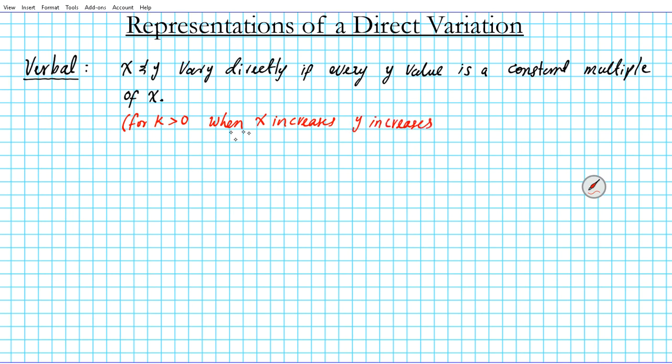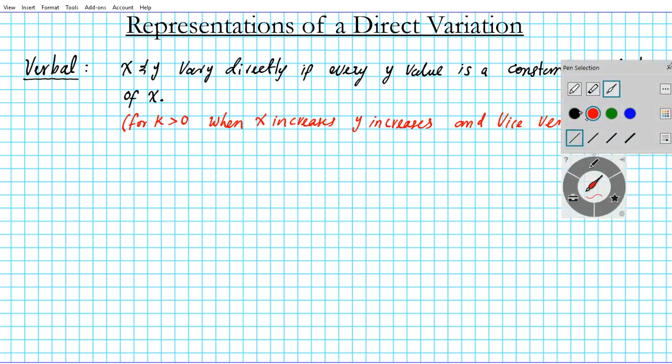So if you have a positive constant of variation, when one variable increases, the other increases. When x increases, y increases, and vice versa. It's a special case of a direct variation in verbal format.